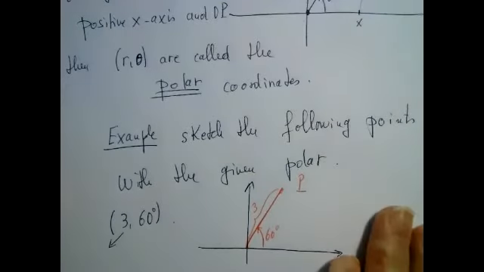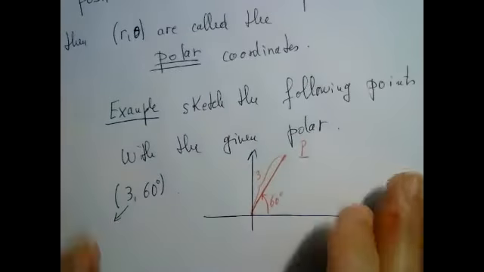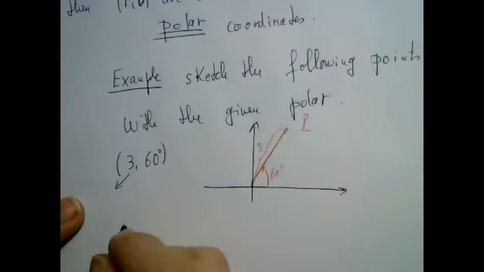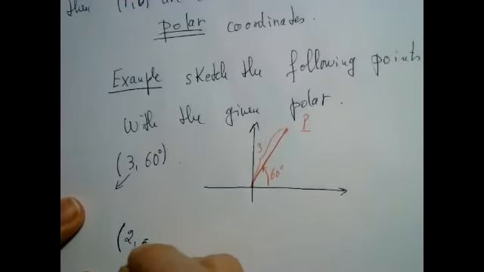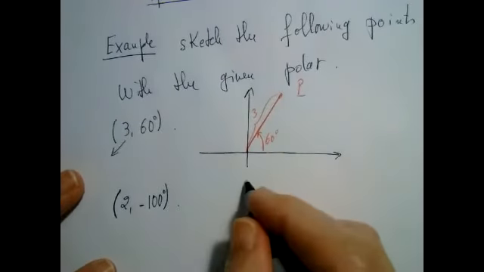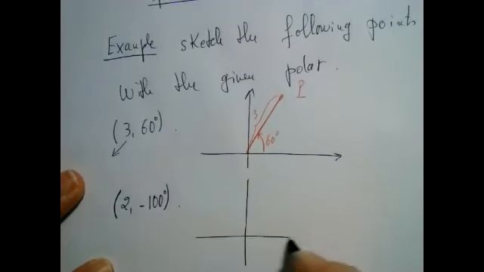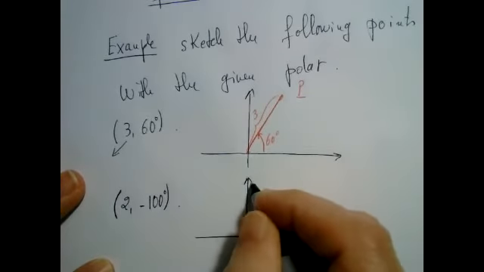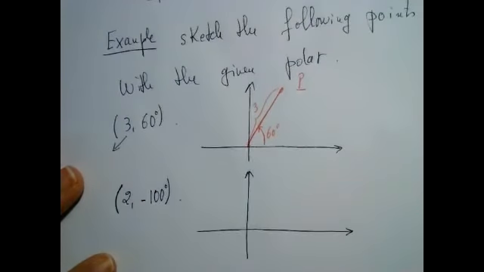Okay, let's take another point. Suppose I give you 2, doesn't really matter, and minus 100 degrees. My question to you is, in which quadrant will this point be? Quadrant 3, absolutely.